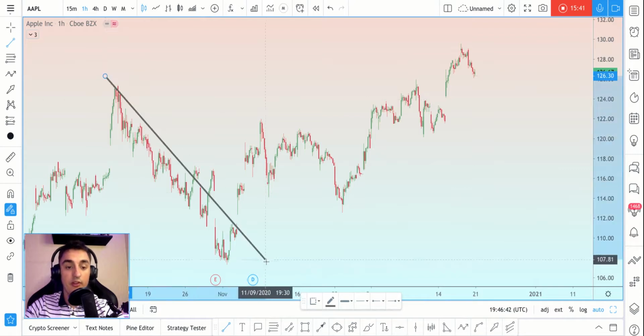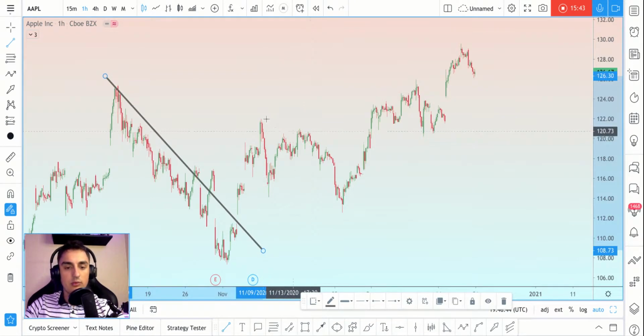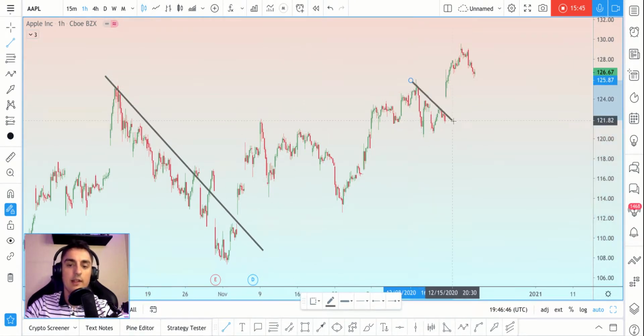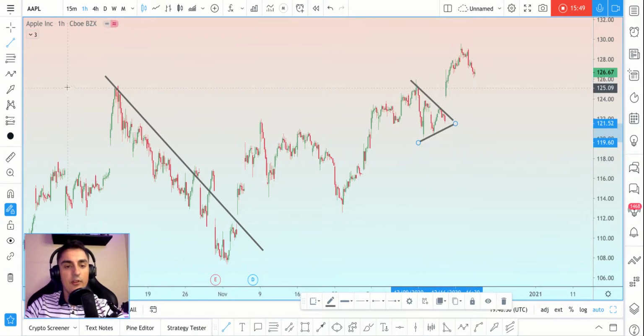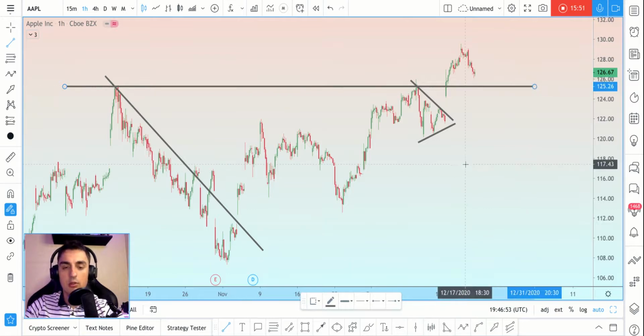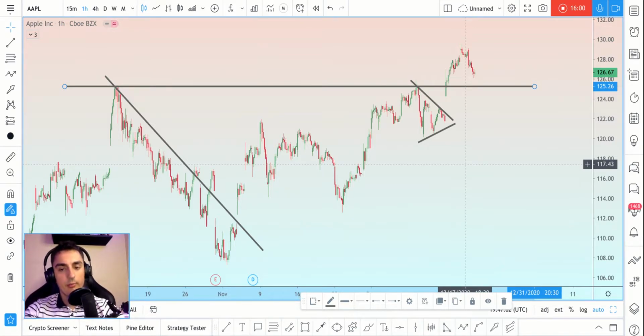Everything is just the same. The shapes are the same, the trends are the same, the resistance and supports are the same, and everything is working just like that. So if you spot some kind of pattern or some kind of support or resistance and you think it is working, then you just have to take a decision and execute the trade according to your risk management.